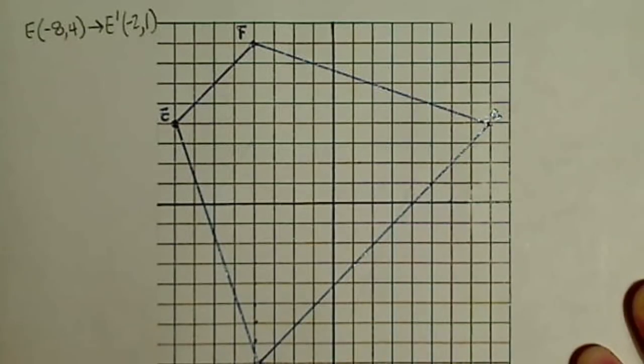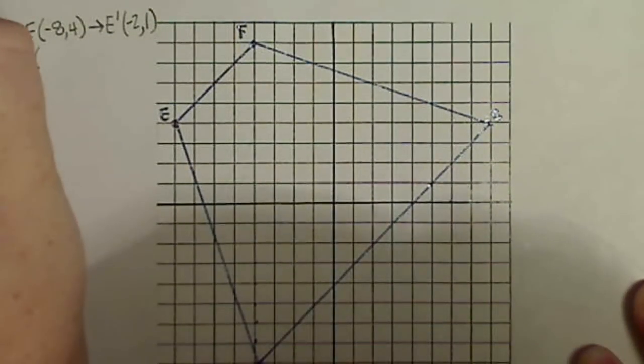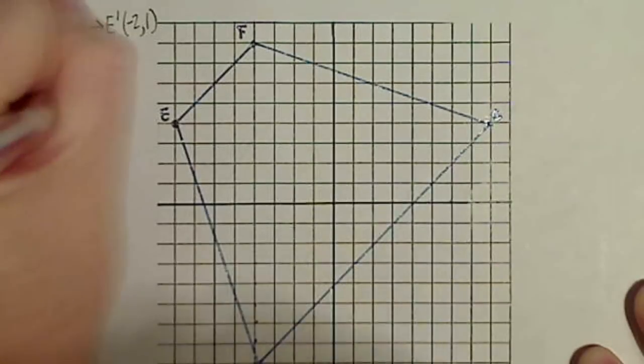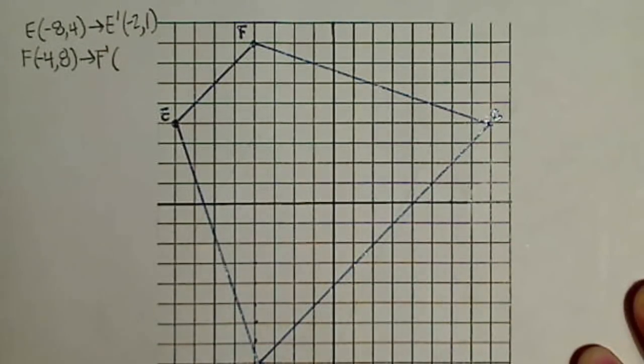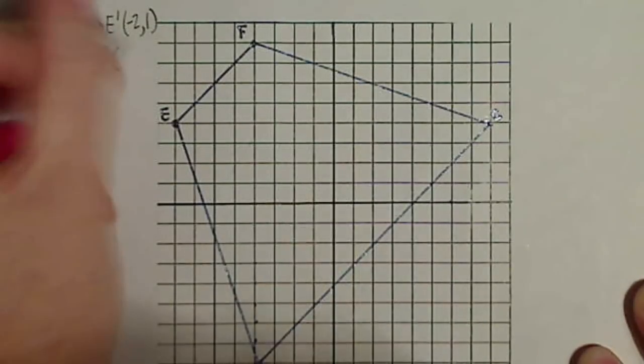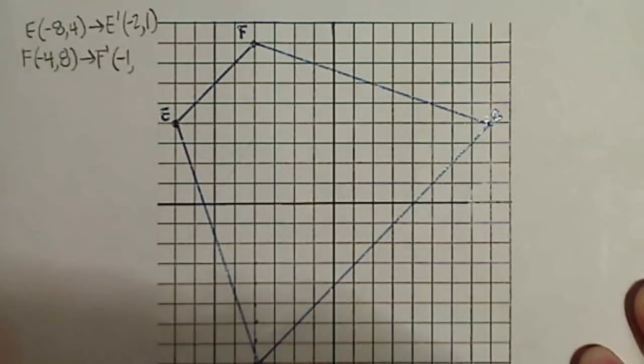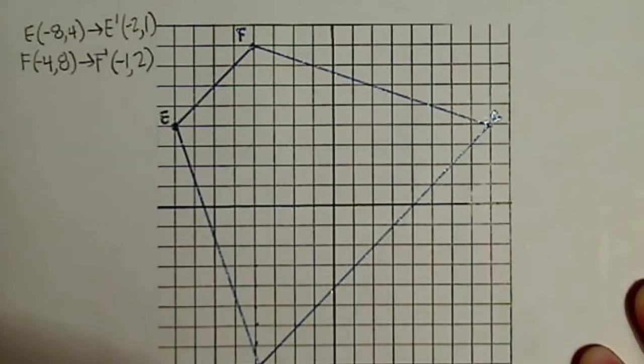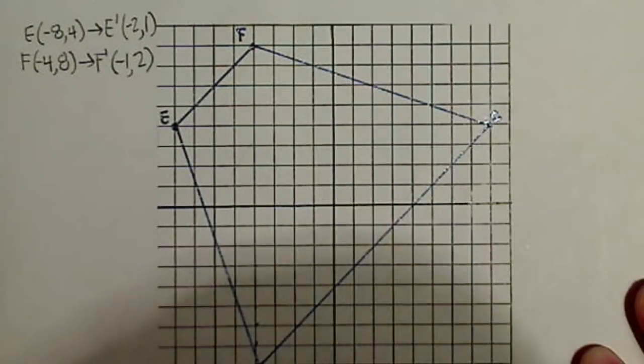That's my new E point. Let's do F. F is (-4, 8). Multiply it by a scale factor of 1/4. So divide -4 by 4, -1. 8 divided by 4 is 2. My new F is at (-1, 2).